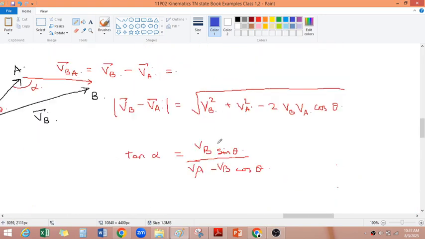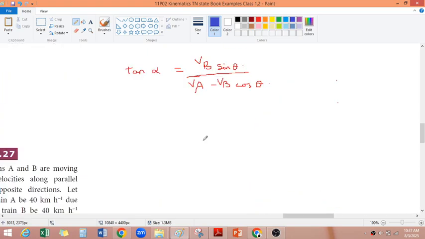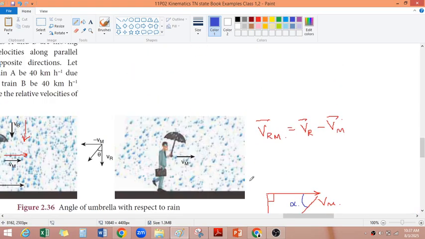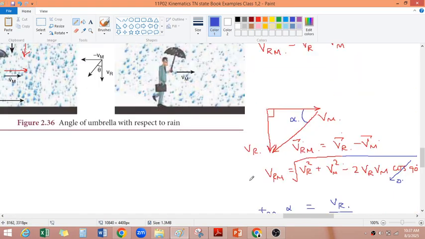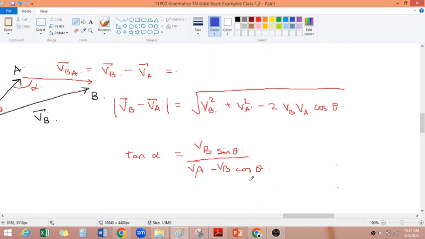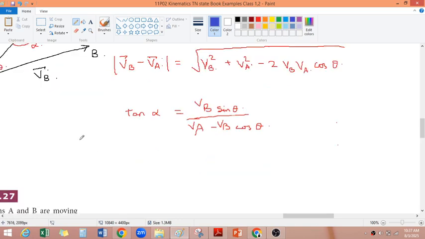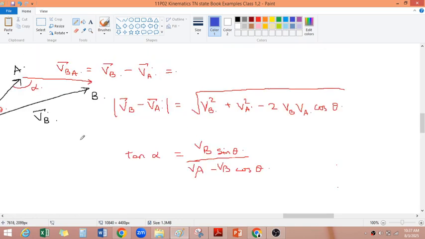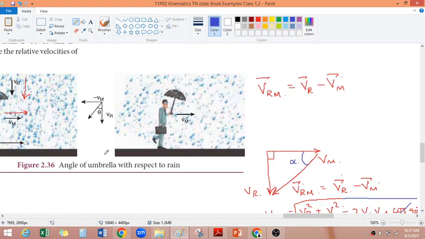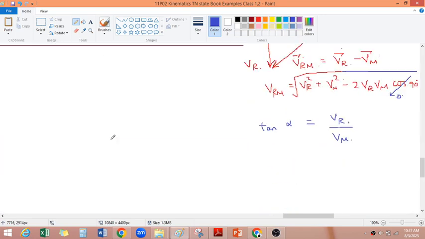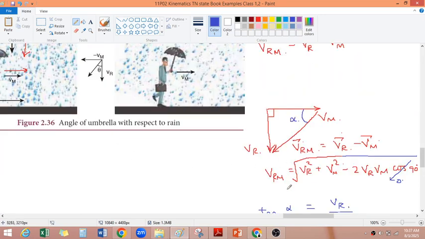Any doubts here? I think it's very easy, right? Very often they'll ask you this umbrella problem in the rain.